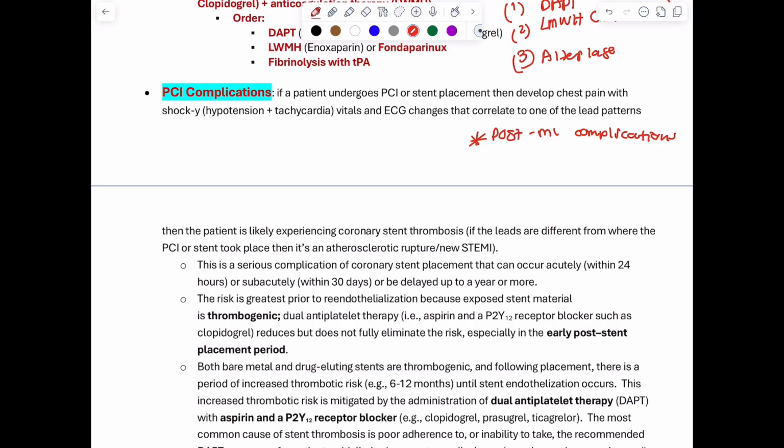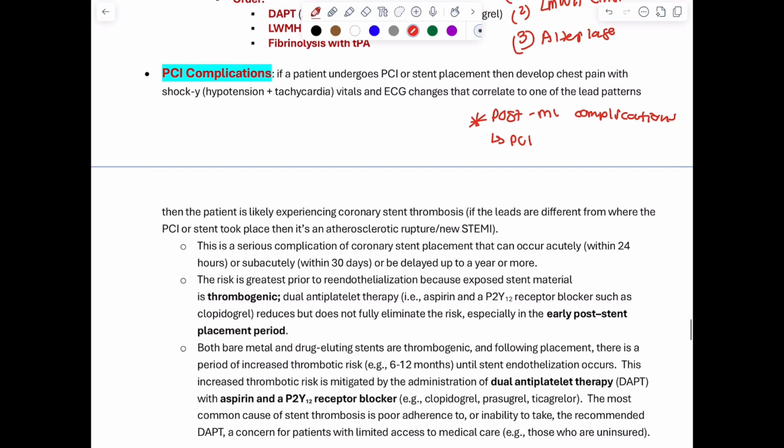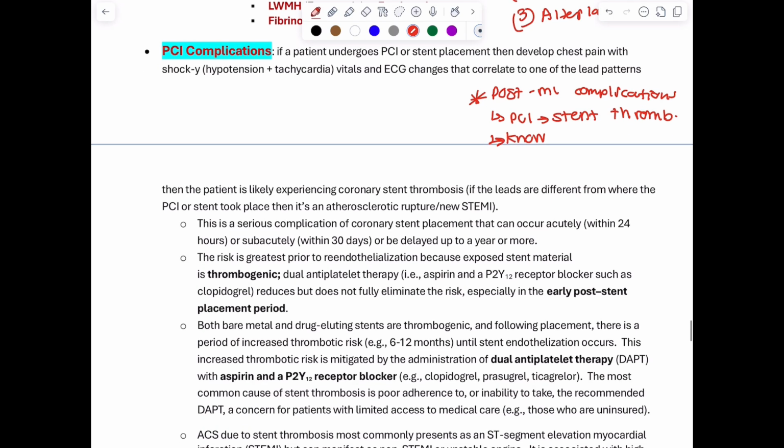But because we know there are some complications that can occur within the first week or two post-MI, just know PCI also has some complications that can happen, which is basically stent thrombosis. So what you need to know, and I can go through this in the second video, is how to differentiate post-MI complications from PCI complications.